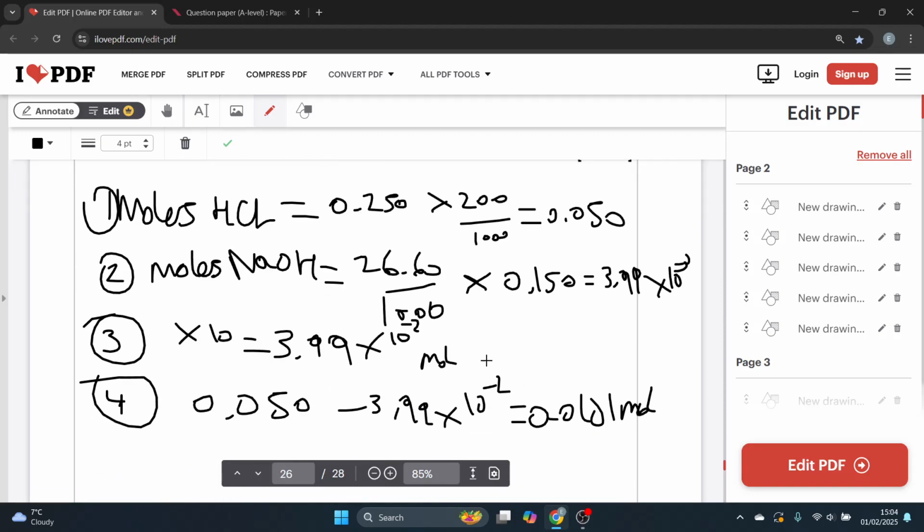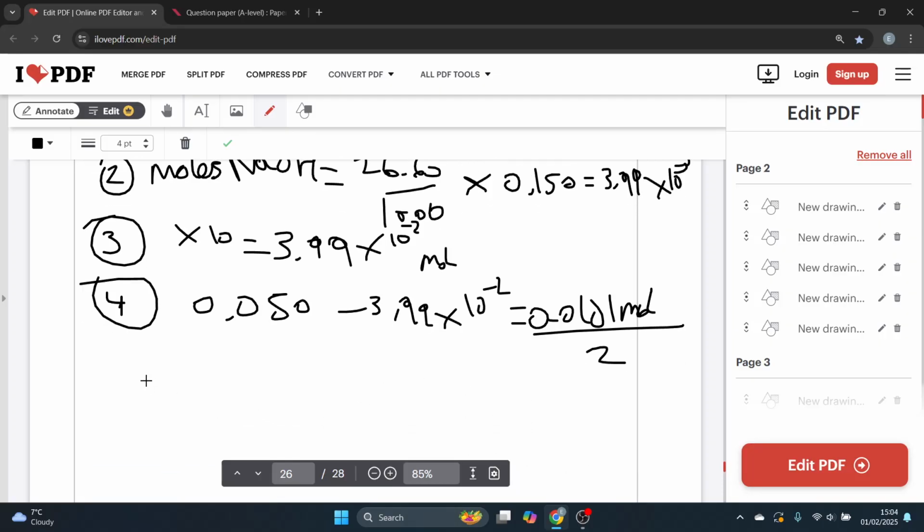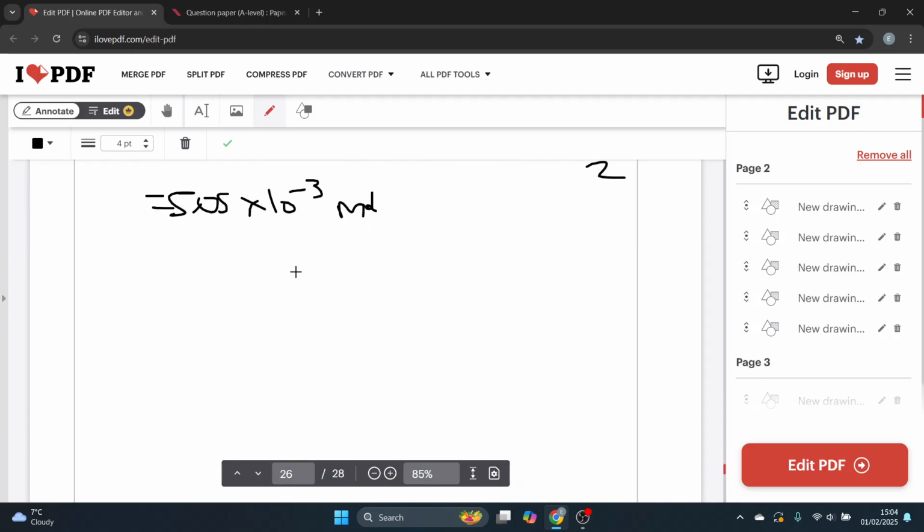If the mole ratio is 2 to 1, I need to divide by 2, which is 505 times 10 to the power minus 3 moles. And then I need to convert this milligrams to grams by dividing by 1000, so it's going to be 0.627 grams.